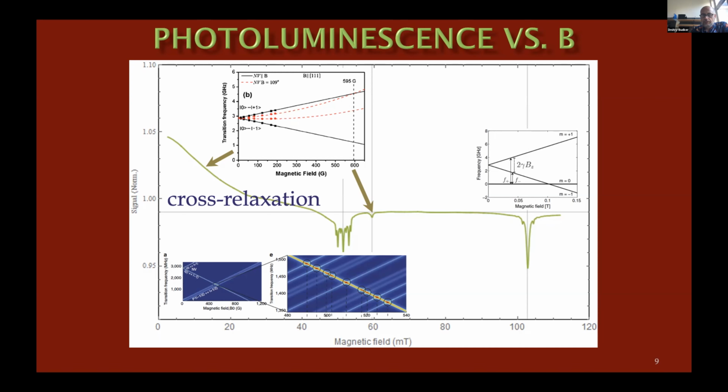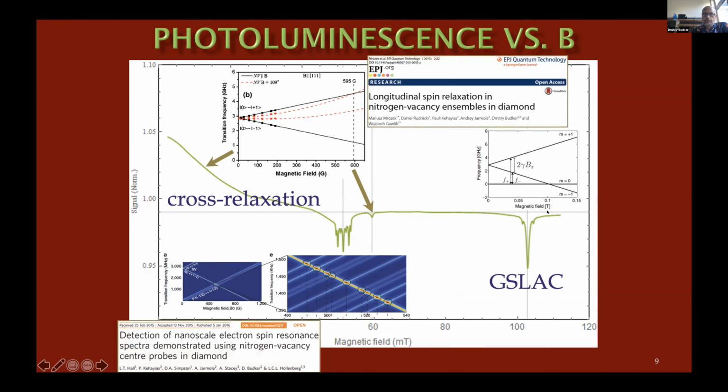And I would like to draw your attention to this one in particular. This is a so-called ground state level anti-crossing, or GSLAC, and this is when the m equal to -1 sublevel for the NV centers that are parallel to one of the axes, or to the axis parallel to which the magnetic field is applied, crosses or nearly crosses the m equal to 0 sublevel, and then there is a strong and sharp feature.